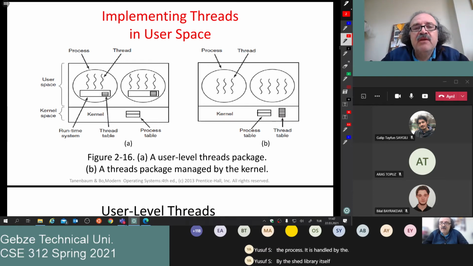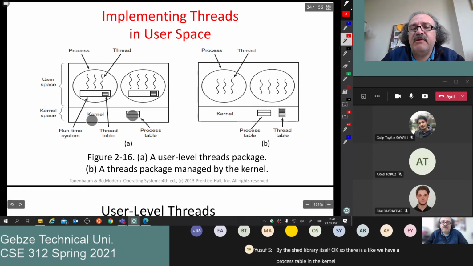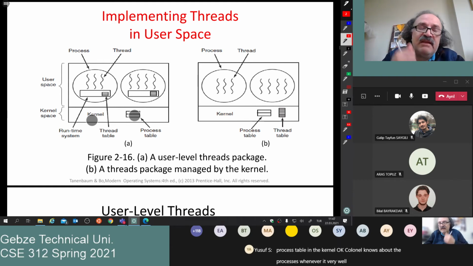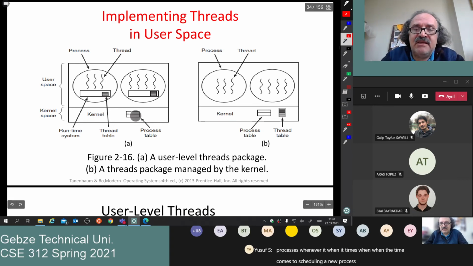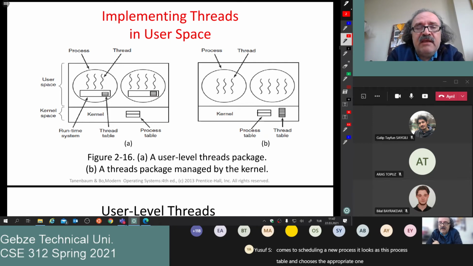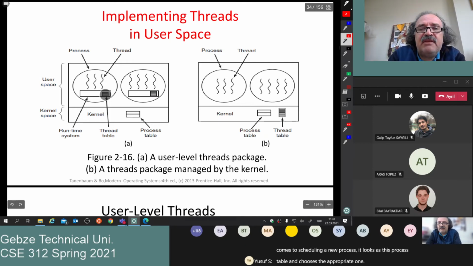We have a process table in the kernel. The kernel knows about the processes. When the time comes to schedule a new process, it looks at this process table and chooses the appropriate one. We have a similar thread table in user space within the process itself. Let's say this process is running 3 threads.